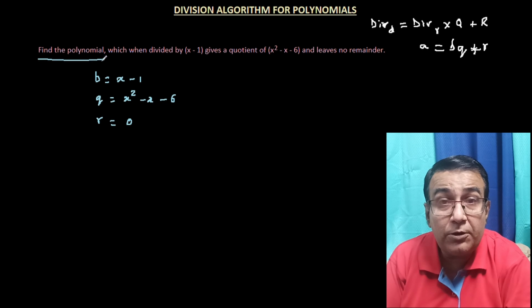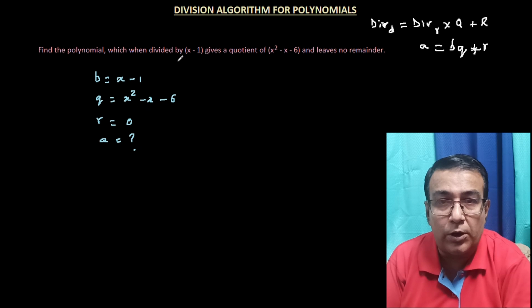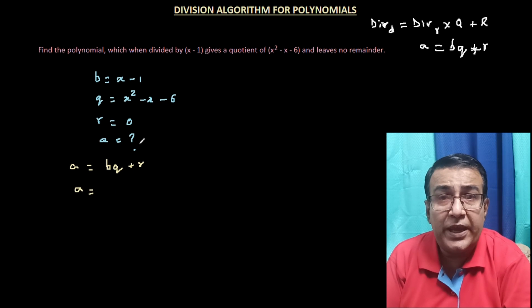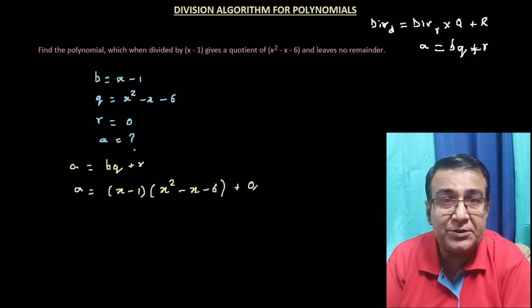And find the polynomial, which means that what we have to find out is the dividend, which means a is equal to what. So according to the division algorithm, a is equal to bq plus r. Let's plug in the values. a is unknown, so let's write it as a only. On the right hand side we have b equal to x minus 1 times q, and q is equal to x squared minus x minus 6, plus r, and r happens to be 0.